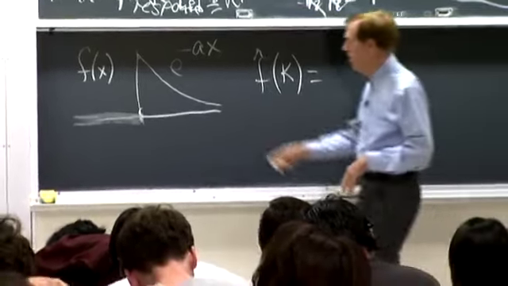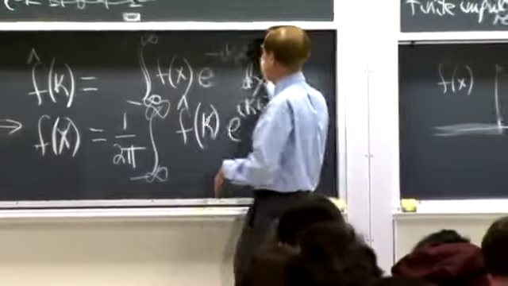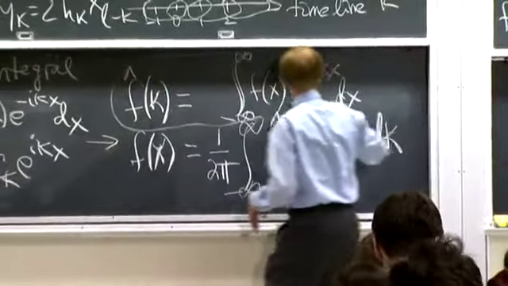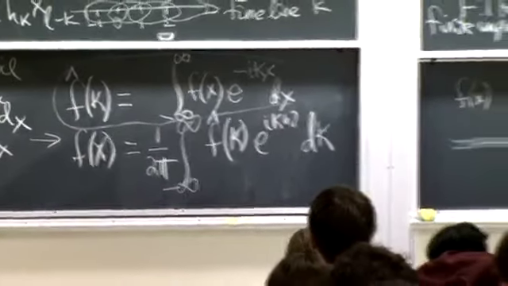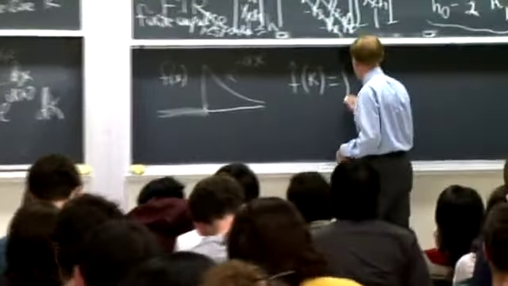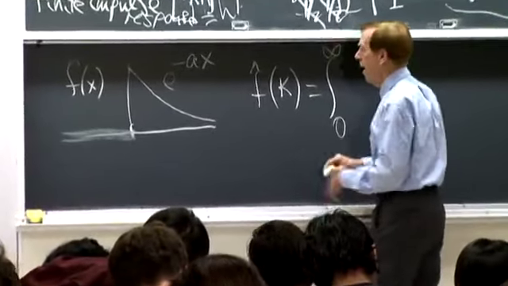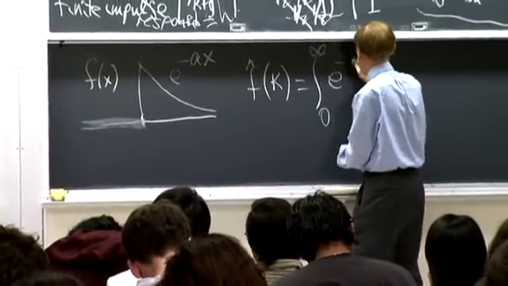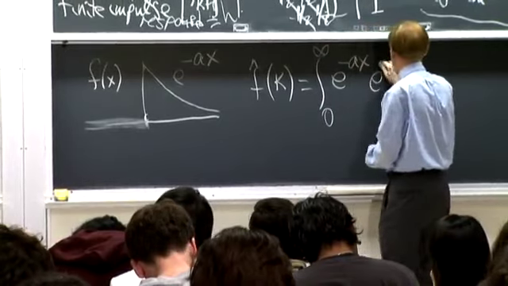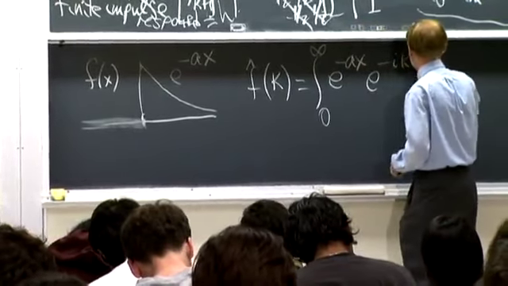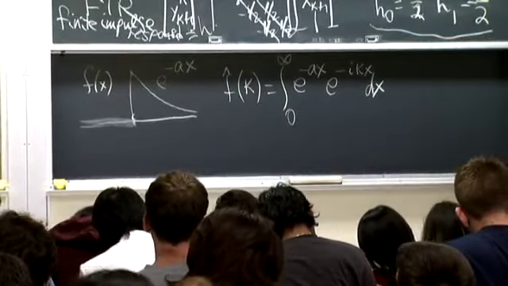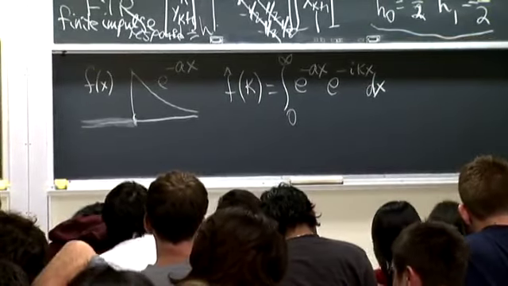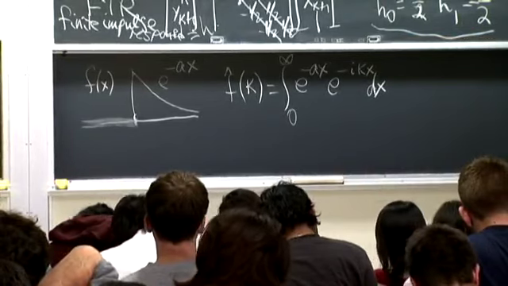So I'm just doing this integral for practice. Okay, so f is 0 in the first half, so I really only integrate 0 to infinity. And in that region, it's e to the minus ax, and I multiply by e to the minus ikx, and I integrate dx, and what do I get? This is an integral we can do.